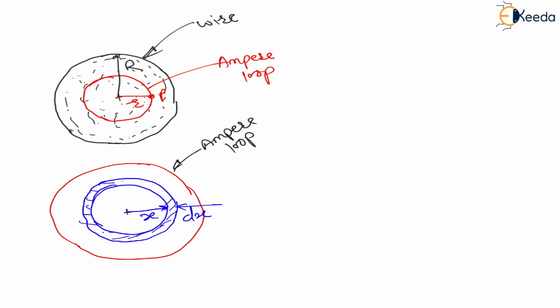We know that already, and here the loop radius is small r. We know that the current density is nothing but J naught r. Here r is nothing but x, so I can write it is equal to J naught x. And x varies from 0 to small r.